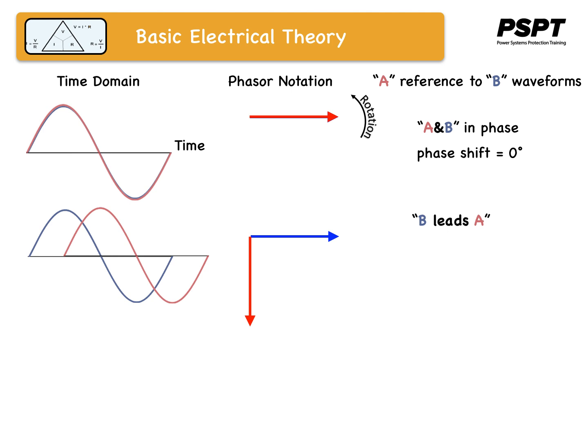So we say that phasor B, the blue phase, leads phasor A, the red phase. And it's leading it in this case by 90 degrees. And you can see that in both the time domain as well as the phasor notation. The phase shift, we say, is 90 degrees. There's a 90-degree phase shift between the blue and the red.